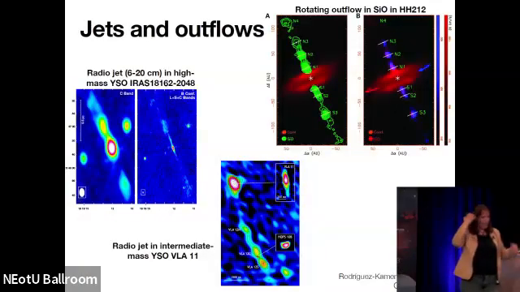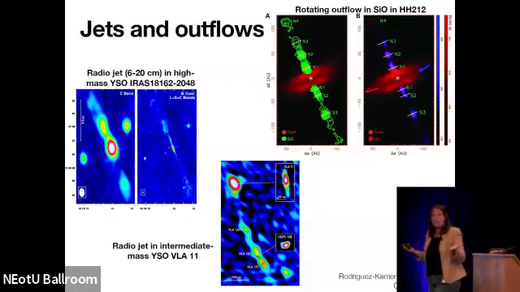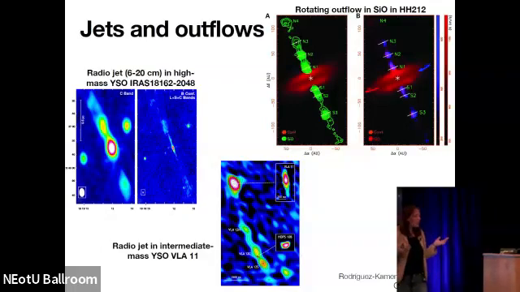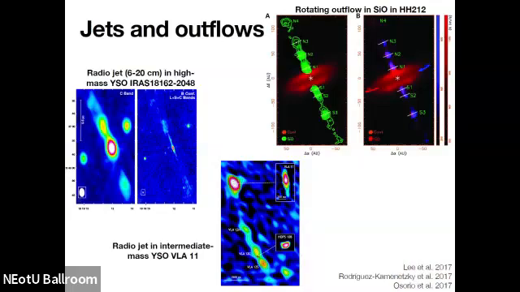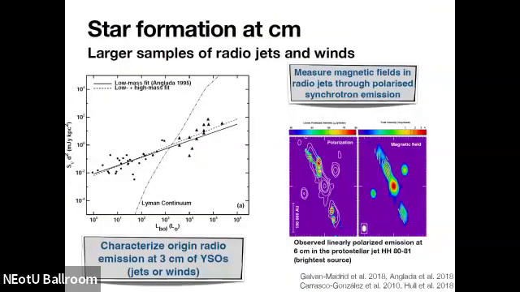One of the most energetic events as part of this process are, of course, the jets and outflows. These are already measured in the brightest objects in the radio, for example, this radio jet of IRAS 18162. These are images that were made with the VLA at centimeter wavelengths, and also the image here at the bottom. Oh, sorry, that was too far.